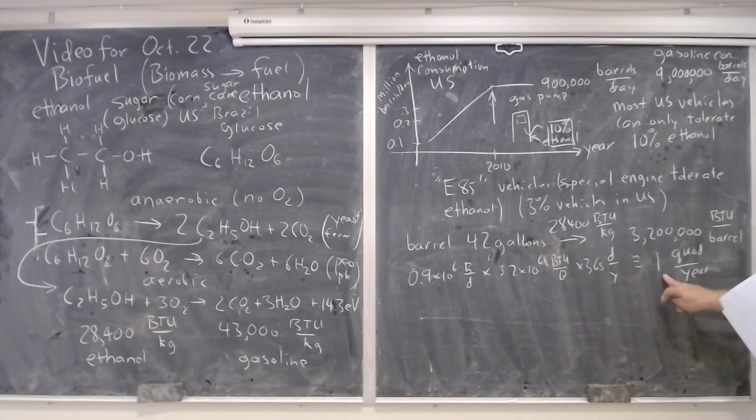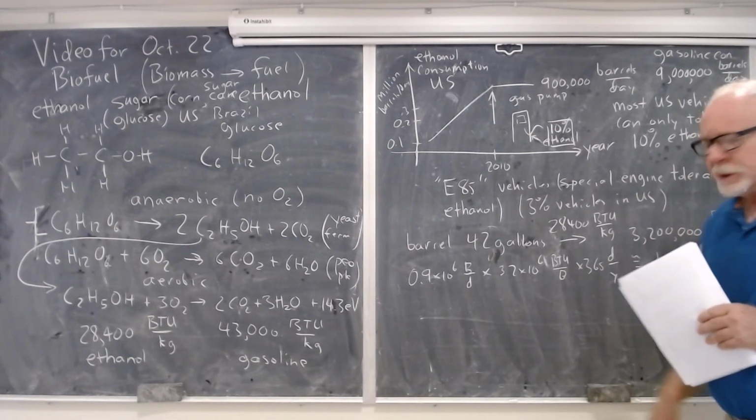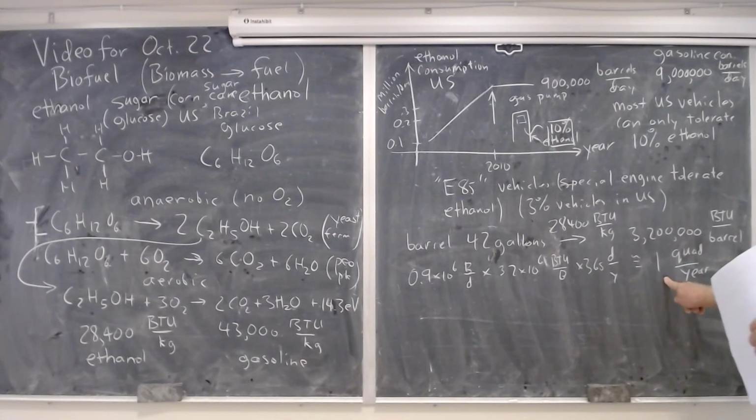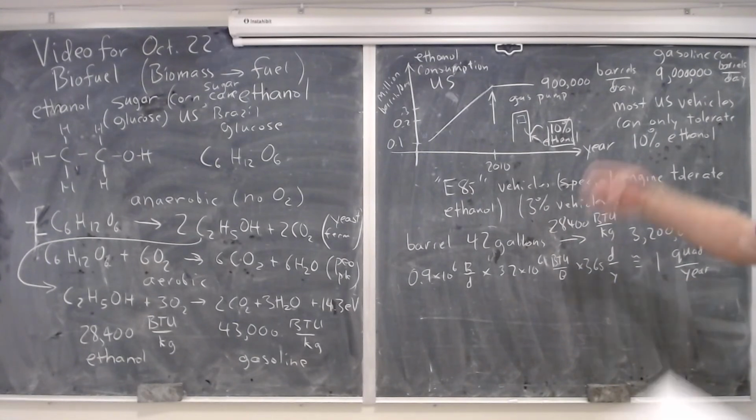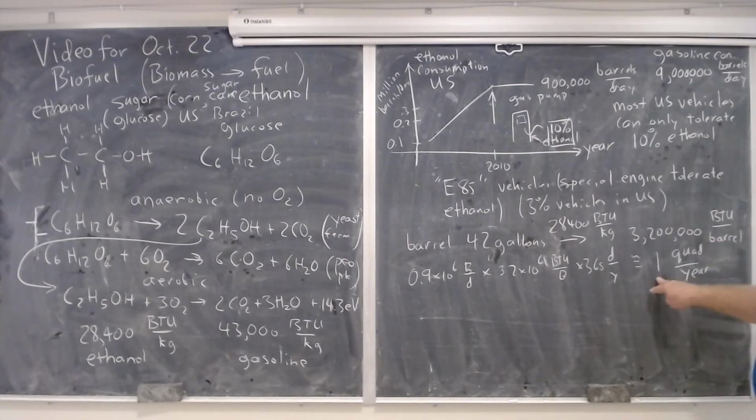So that's our current consumption of ethanol, about 1 quad per year. Now, in your final project, you can enter a different number. And so this is giving you all the facts behind what has to go into that number.